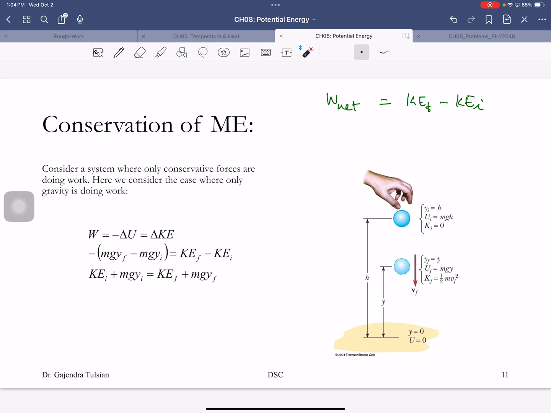So these are the only two allowed forces acting on it. So let's say for now only gravity is acting on it. Do you know how to calculate the work done by gravity? Yes, you do. It's minus U final, that is the potential energy at the final configuration, minus U initial.